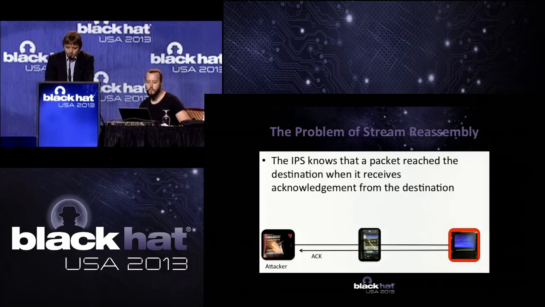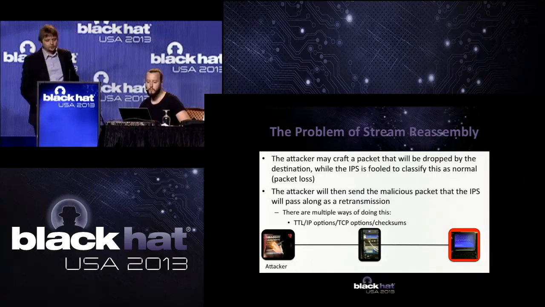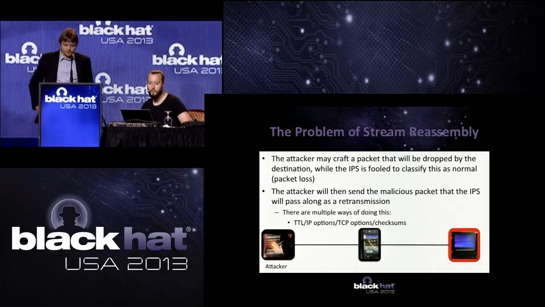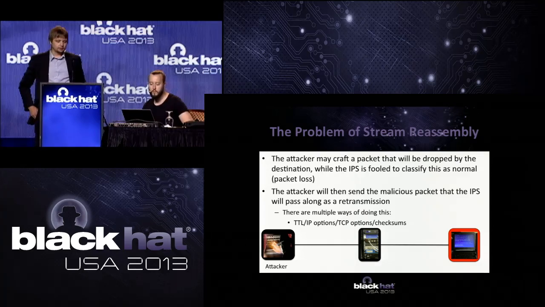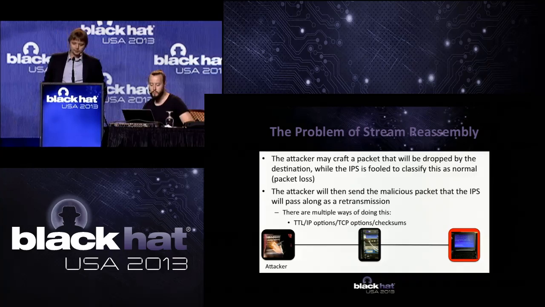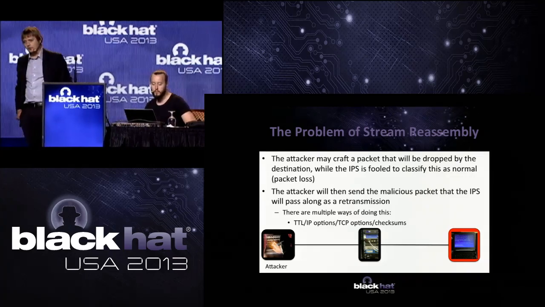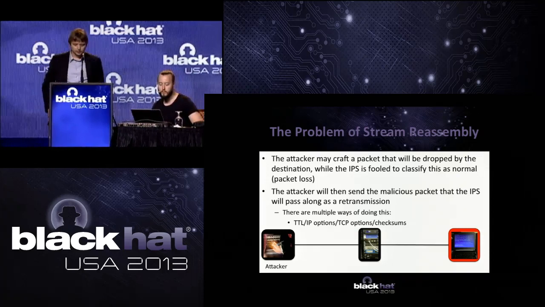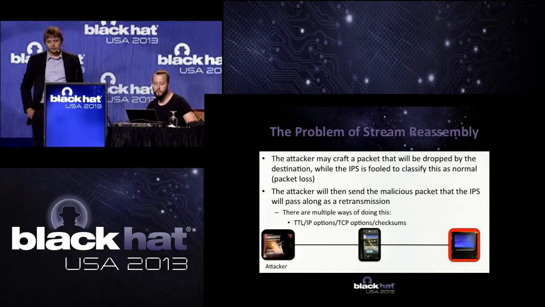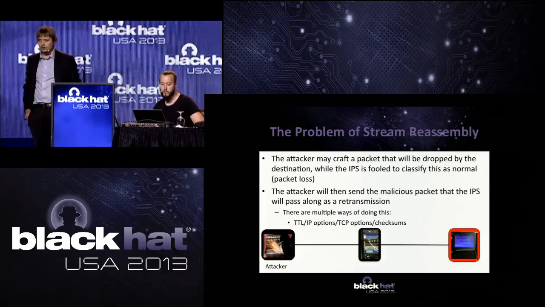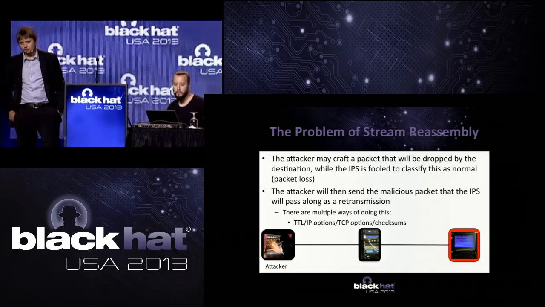So there's this very problematic situation, and the attacker can take this to his advantage. The attacker may craft a packet that will be dropped by the destination, but the IPS system thinks that there is a packet loss. Now an attacker can send another packet that looks like a resend, but it's not.